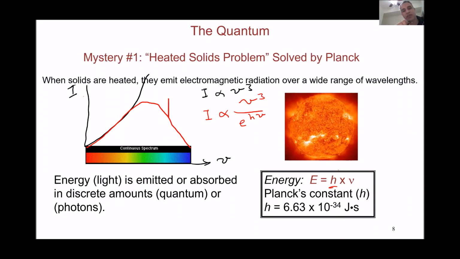It was actually very successful in explaining this phenomenon right here, because if you plot this equation, you will get a matching curve with the experimental curve, where at low frequencies, the classical term is going to be the one dominating.